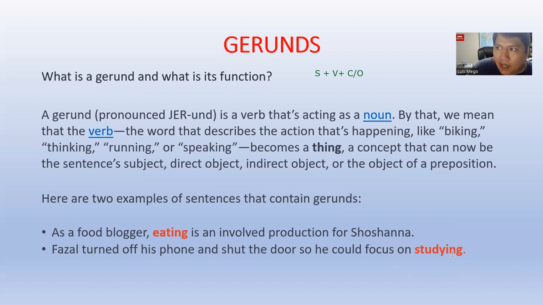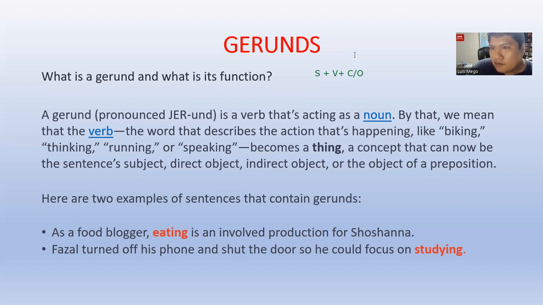On is a preposition. Remember, on is a preposition. So this is not a subject. It's not really an object, indirect object, no. This is going to be called gerund as the object of a preposition. Okay? So we are going to see it later.